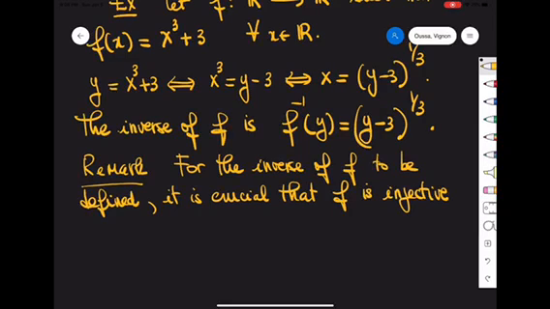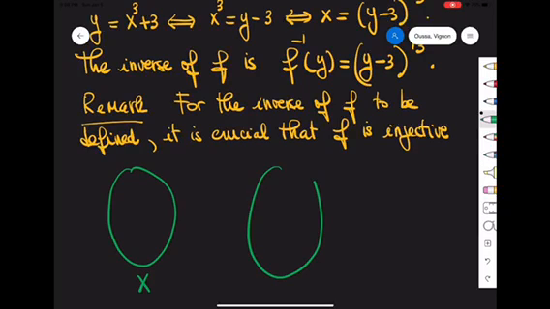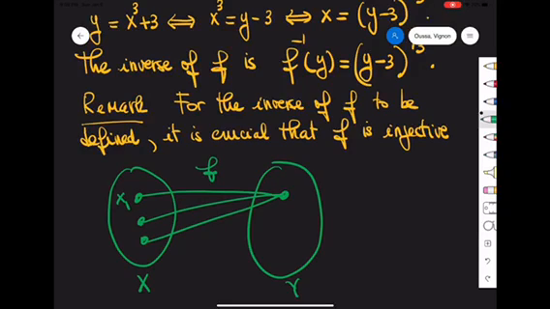So here is a simple example. Suppose I have this function here, from x to y, where x1, x2, and x3 are all being sent to y.